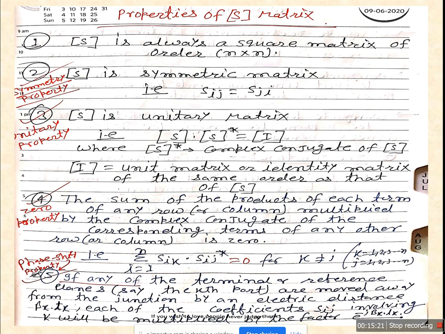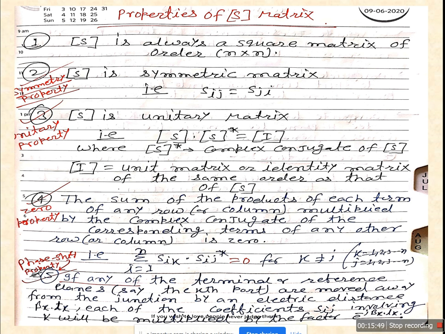The fourth and fifth are important and used in most passive devices. The sum of the products of each term of any row or column multiplied by the complex conjugate of the corresponding terms of any other row or column is 0.